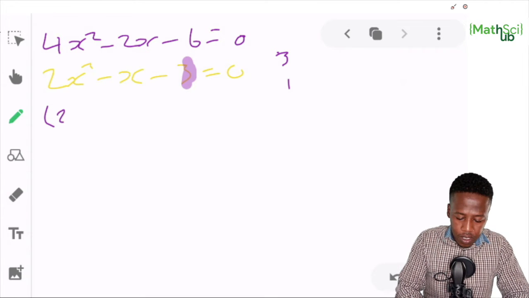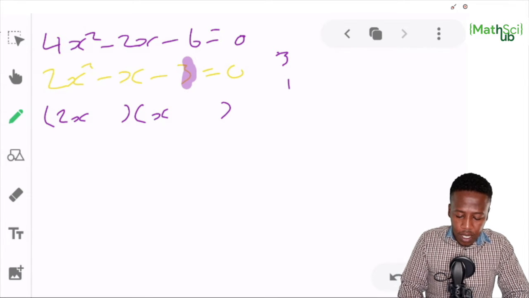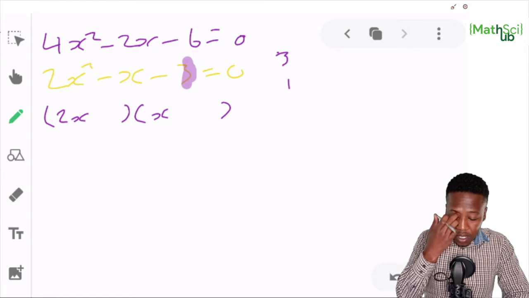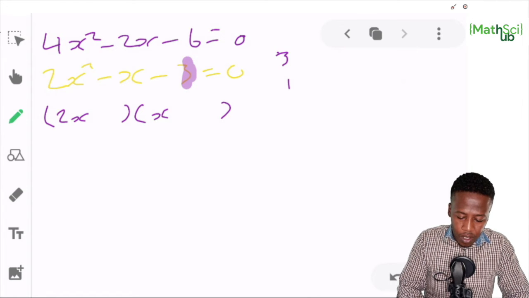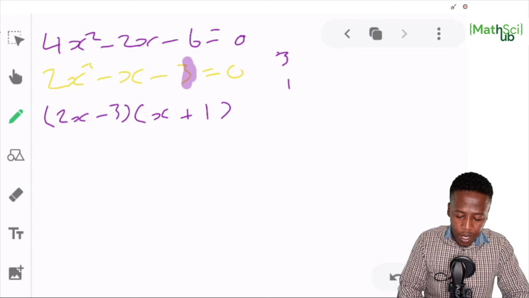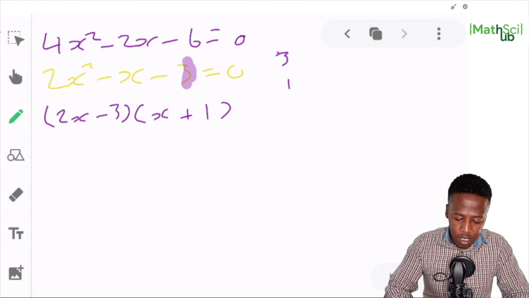Now let's do this. 2x, x. Like I said, the factors of 3 are 3 and 1. So let's say here we have minus 3, and here we have plus 1. Let's check if we get the same answer.